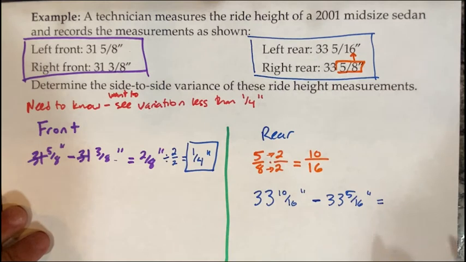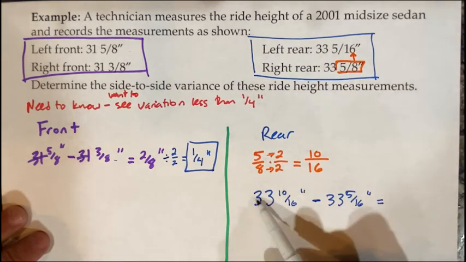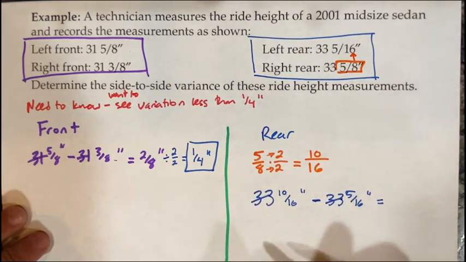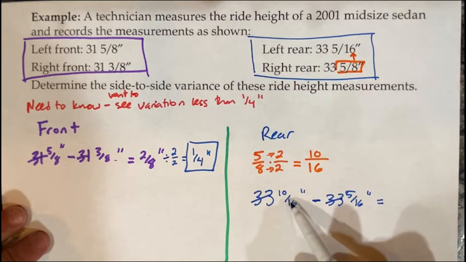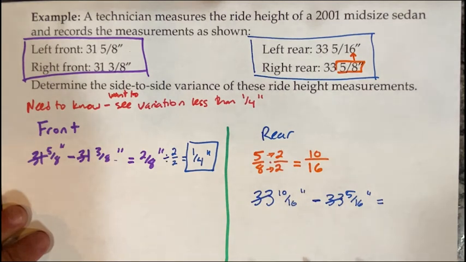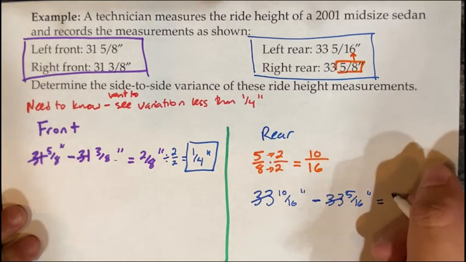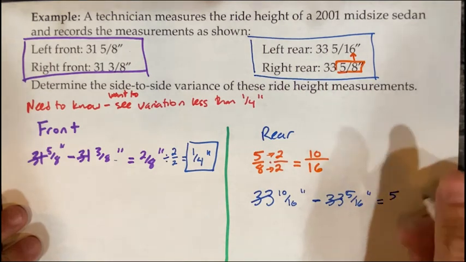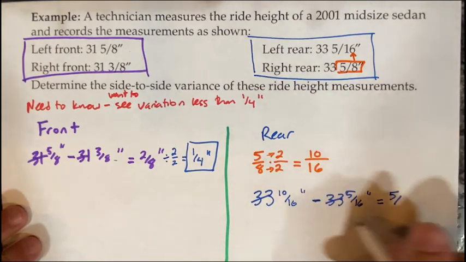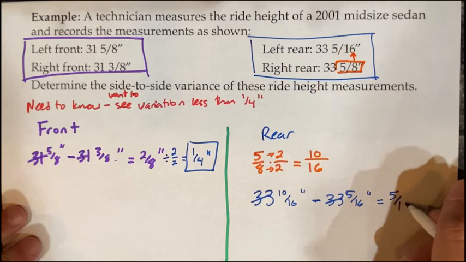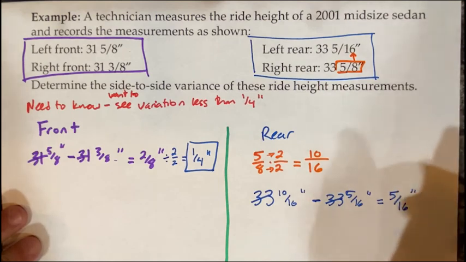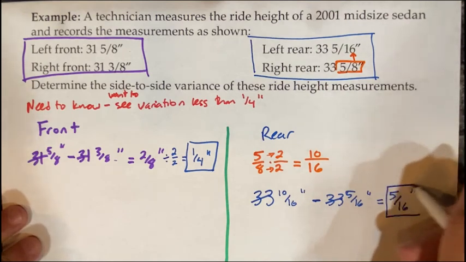And when we do that, we say 33 minus 33, boom, they cancel each other out. And then we've got 10/16 minus 5/16. So we end up with 10 minus 5, that's 5. And then the 16ths stay the same because it is an addition or subtraction problem. So there we go.